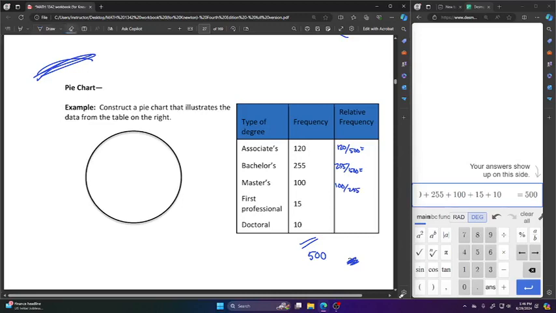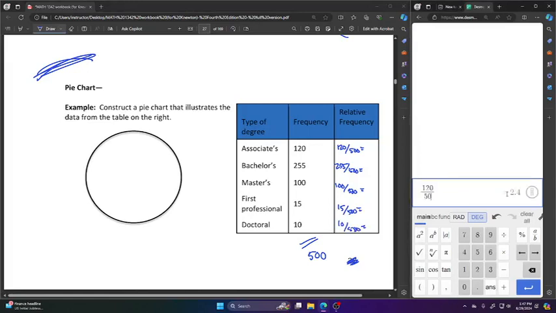Calculator, because these decimals would take forever otherwise. 0.24. 0.51. 0.2. We're getting there, guys. 500. 0.03.